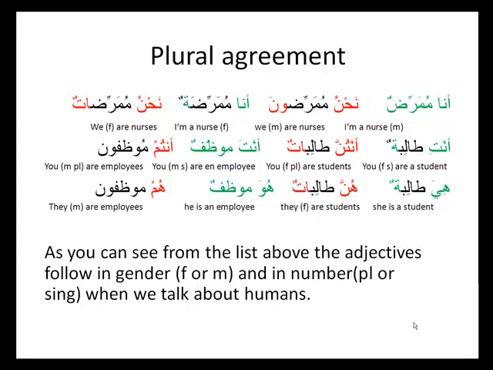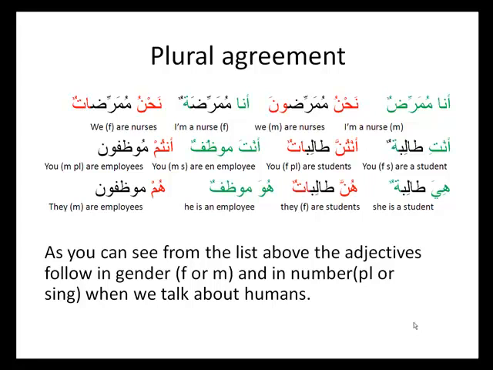If you have a look at the list above, the singular words are in green, and the plural words are in red. Ana mumarrid, or ana mumarridun, if we want to pronounce the vowels, is what a male nurse would say. I am a nurse.